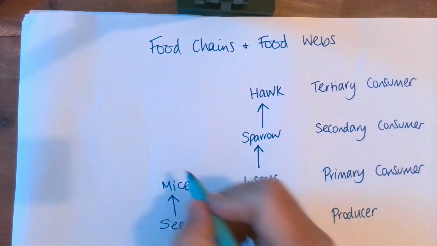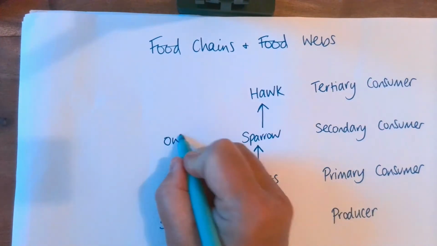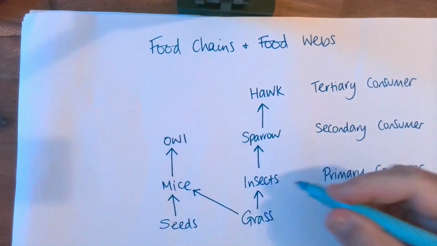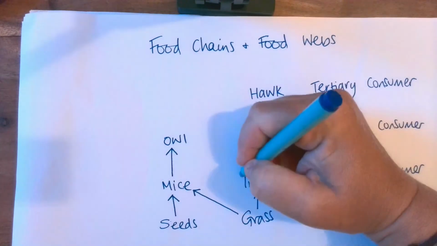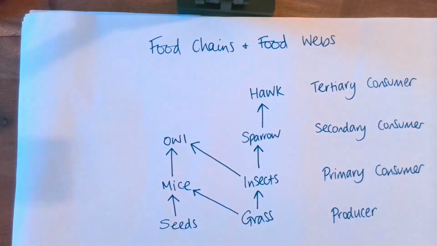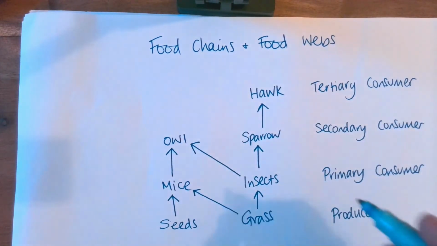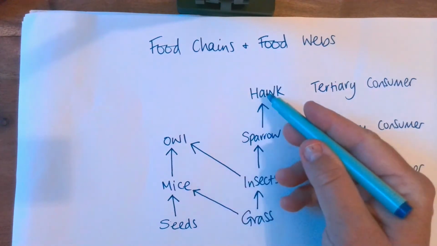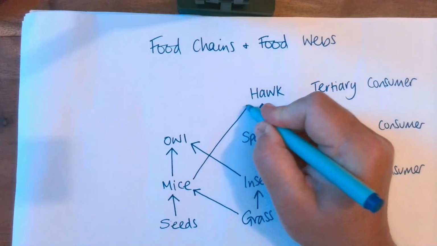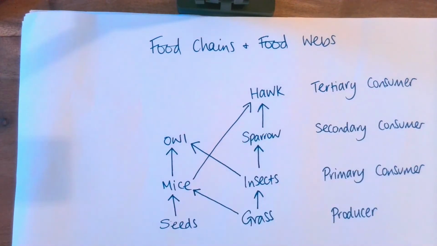Then I'm going to put up here an owl. Now, the owl will eat the mice, but also the owl's going to eat the insects. So we do an arrow like that. Right, now, the hawk up here, he's going to also eat the mice, so that's going to come over like that.